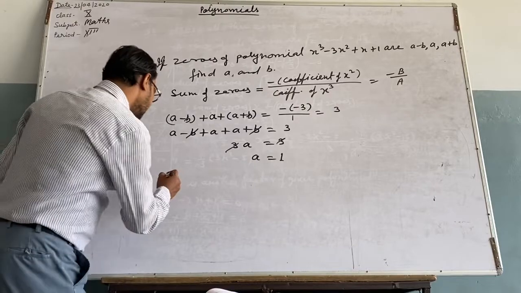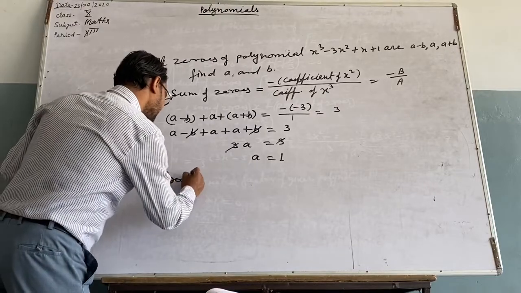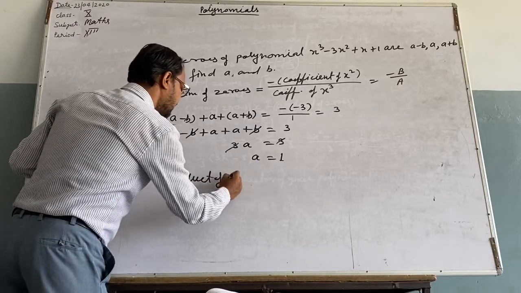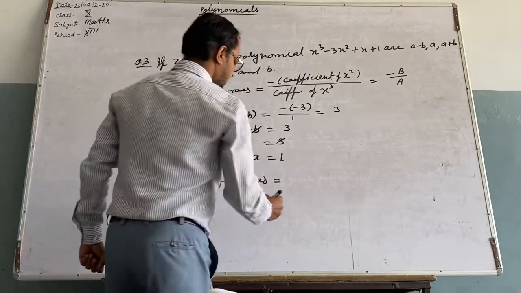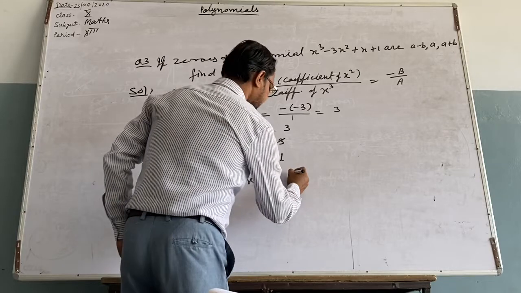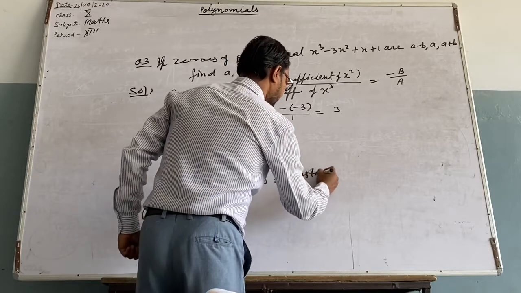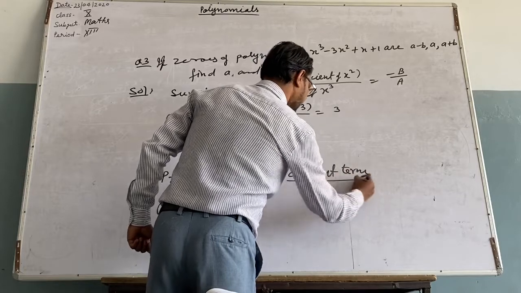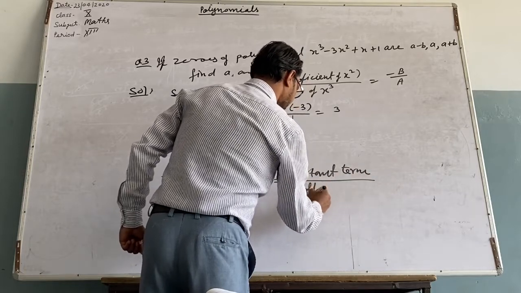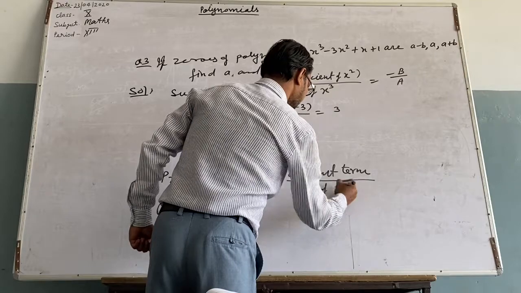Now the other thing is product of zeros. Product of zeros equal to constant term upon coefficient of x cube.